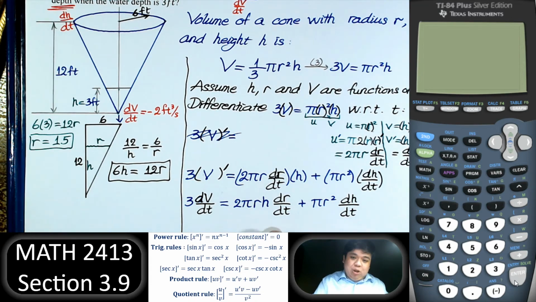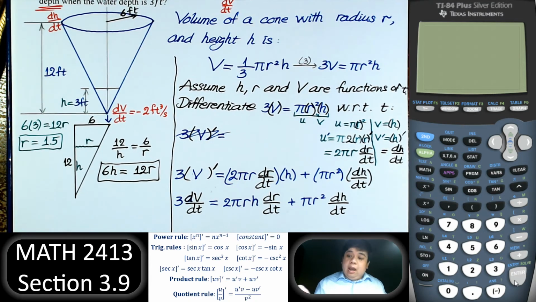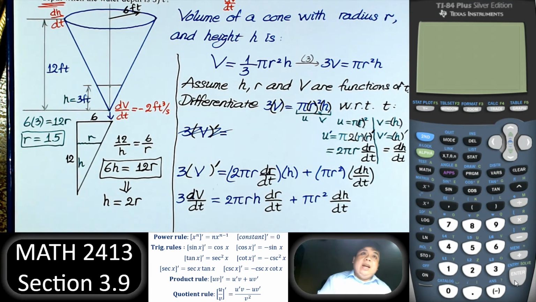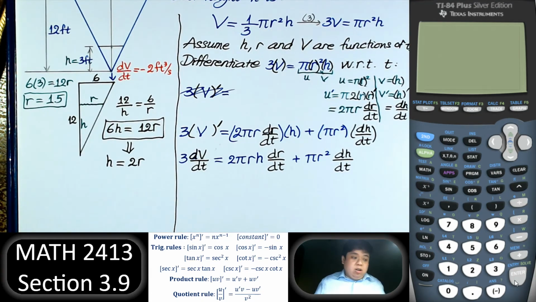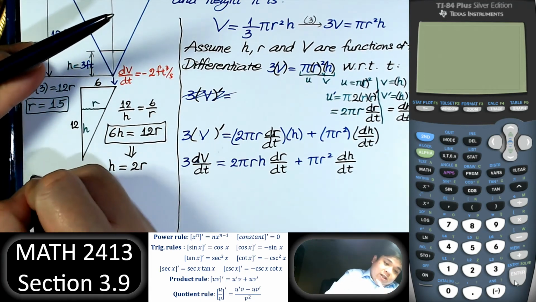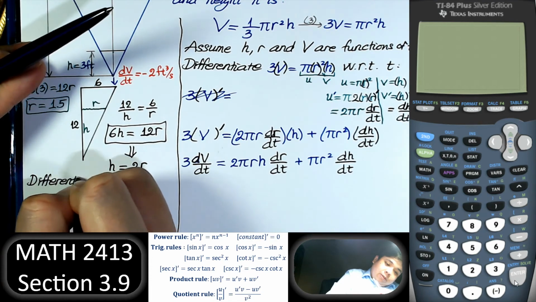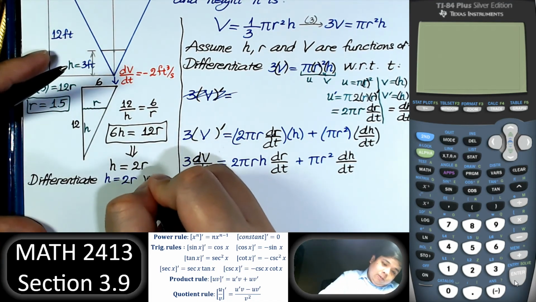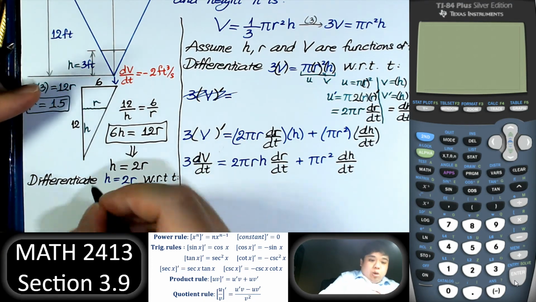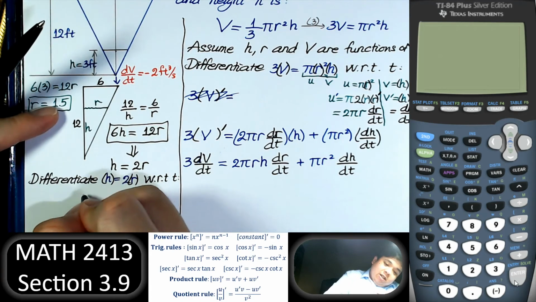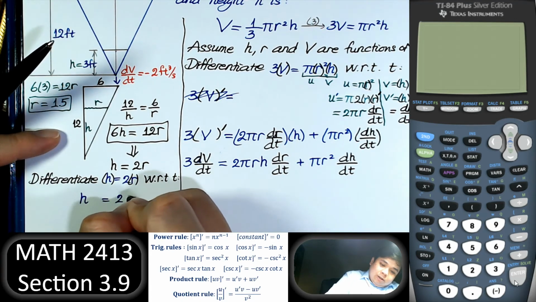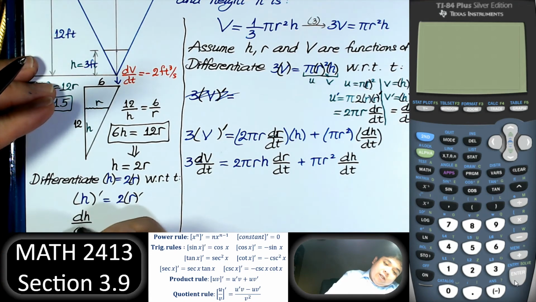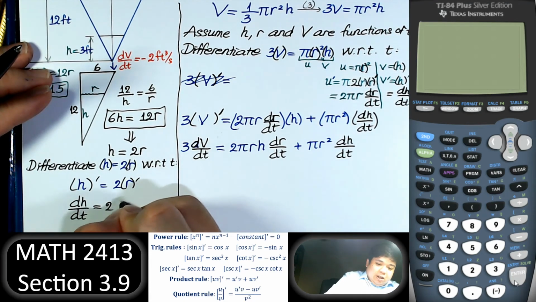Furthermore, from here, of course, we can divide by 6 on both sides: h equal to 2r. Now, since both of them are functions of t, if we differentiate this with respect to t, that gives us dh over dt equal to 2 times dr over dt.